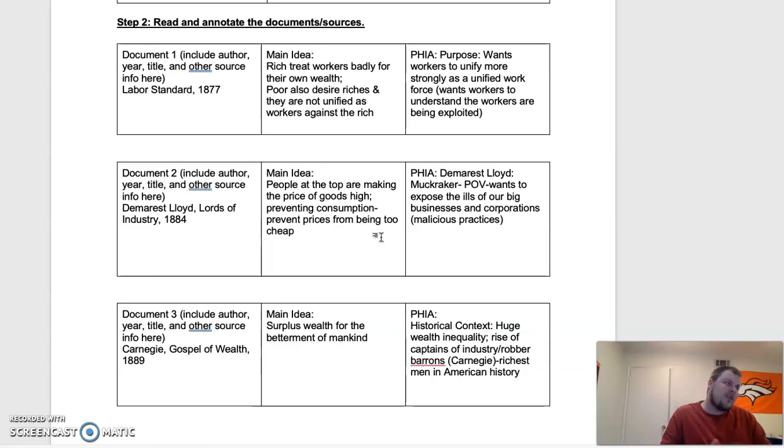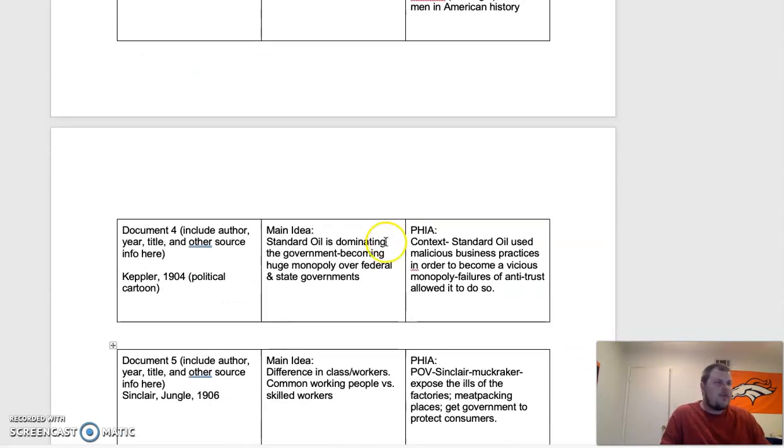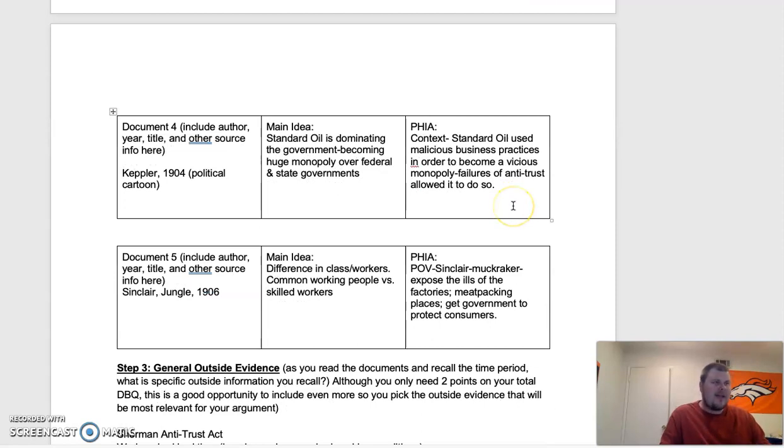This sees the rich in a more positive light, but it also does acknowledge that the rich are extremely rich. So we go to document 4 here. Okay, Standard Oil, again, this huge monopoly, not necessarily playing by the rules and leading to a situation where they've been able to build wealth, becoming this ultimate super trust company. Okay, and then the difference in class and workers that I saw in document 5.